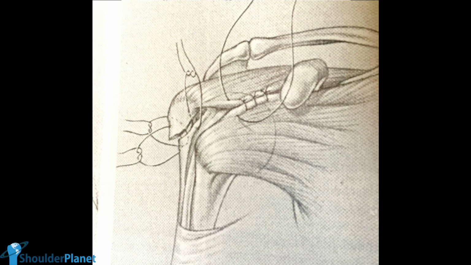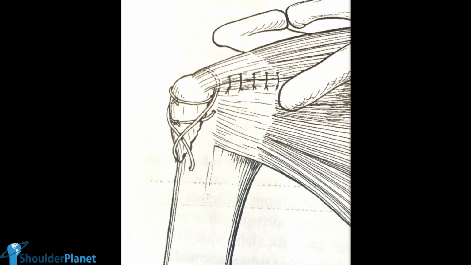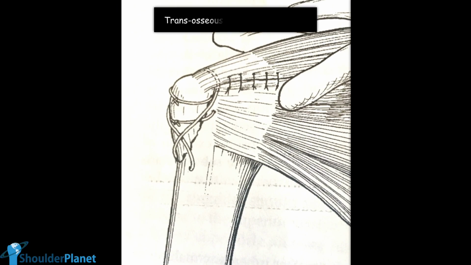You can do a lot of sutures passing through the borders of the fragments, as we are seeing here, which personally I do not recommend. You can do something like a transosseous figure of 8, which is something that honestly I don't do. I think that we can do things in a simpler way.